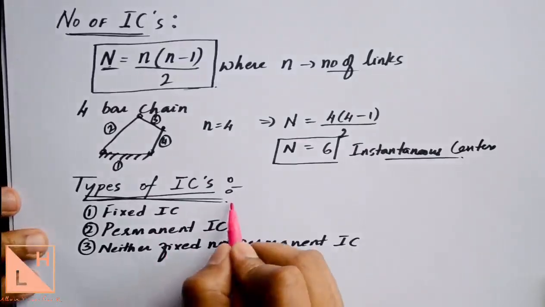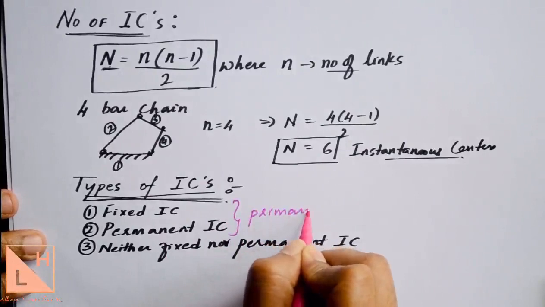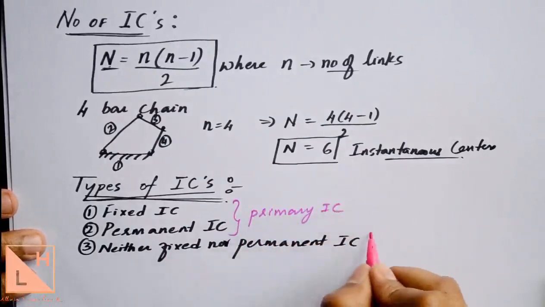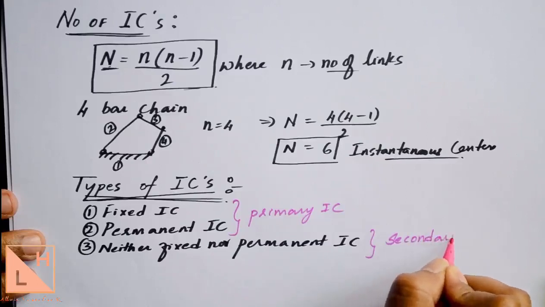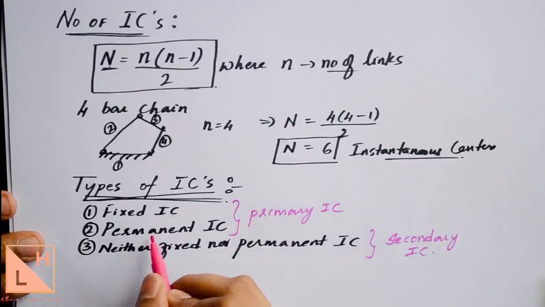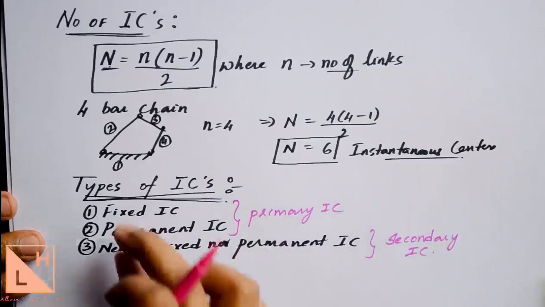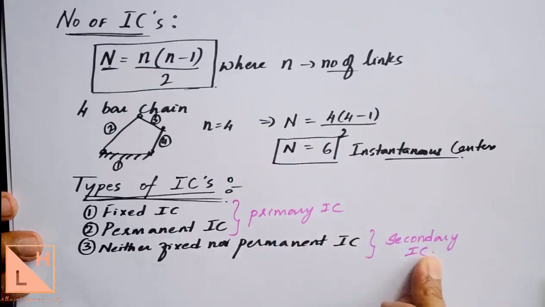Out of these 3 types, the first 2 are called primary instantaneous centers, and the last one will be called the secondary instantaneous center. Now let us learn more about the fixed, permanent, and neither fixed nor permanent instantaneous centers, why these 2 are called primary instantaneous centers and why this is called the secondary instantaneous center.